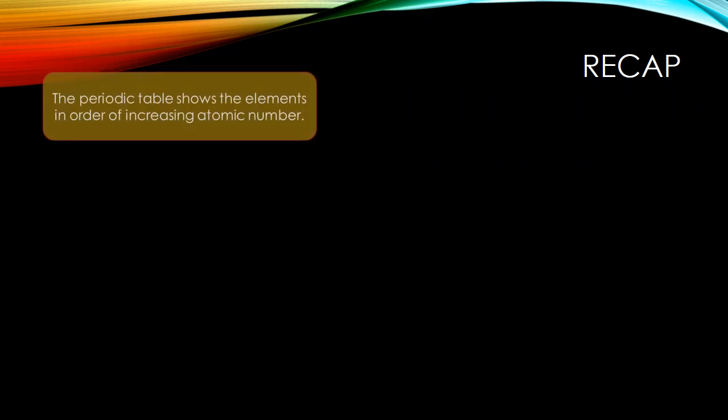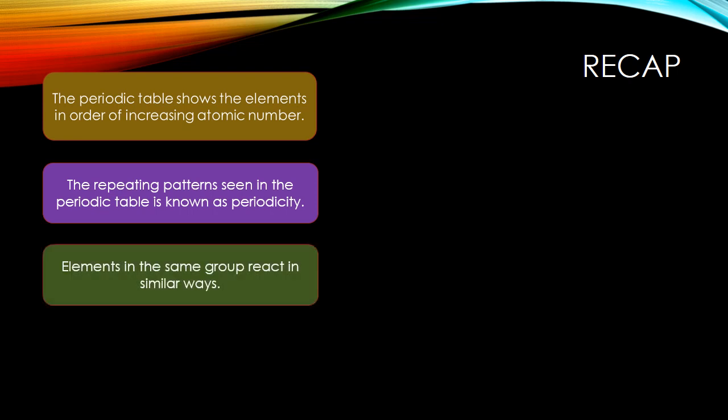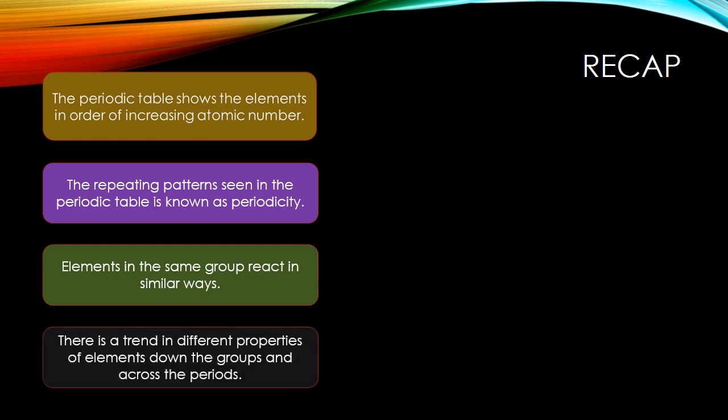Let us recap. The periodic table shows the elements arranged in order of increasing atomic number. The repeating pattern seen in the periodic table is known as periodicity. Elements in the same group react in similar ways.